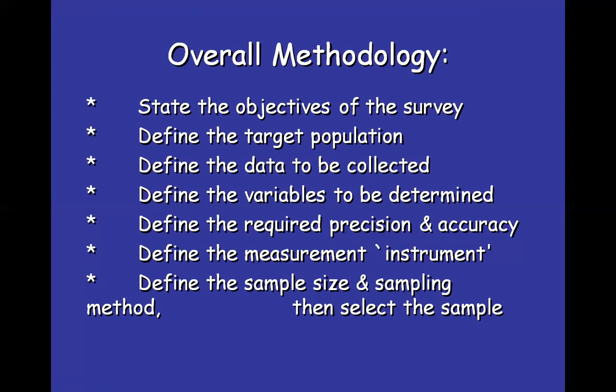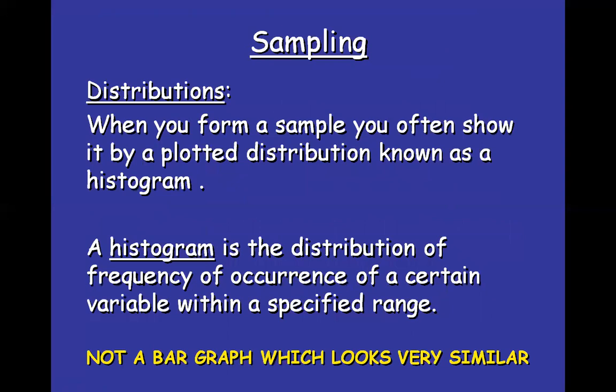In the heap of the data we define the variables which we need to determine, and after that we get the required precision and accuracy. Then we go for defining the measuring instruments. Then we define the sample size and sampling method. Then we select that method.